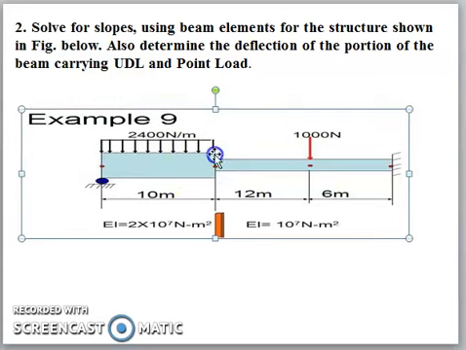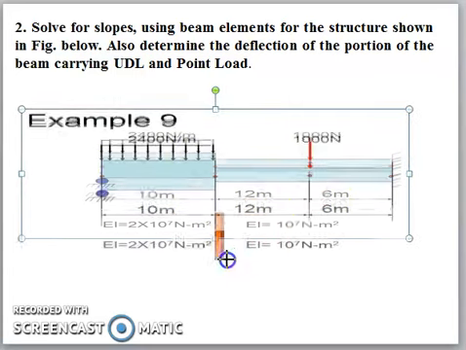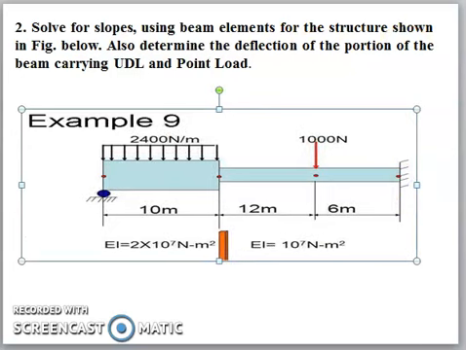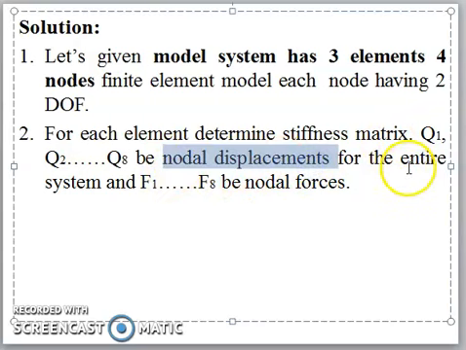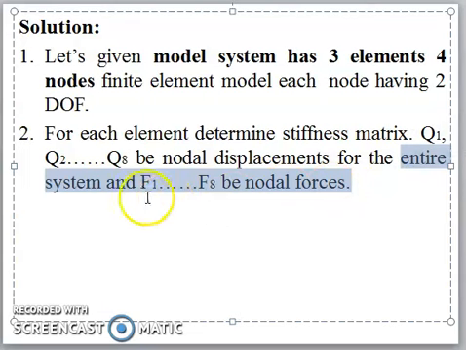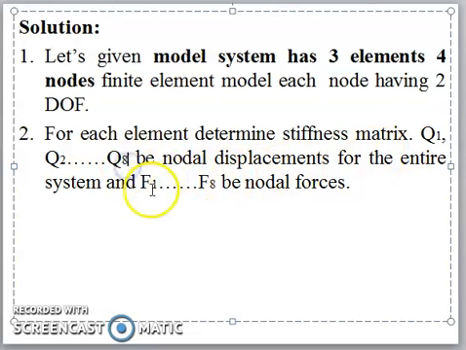F1, F2, F3, F4, F5, F6, F7, F8 is the load vector at all the nodes. So Q1 to Q8 is the nodal displacement, and for the entire system the nodal force is F1 up to F8.